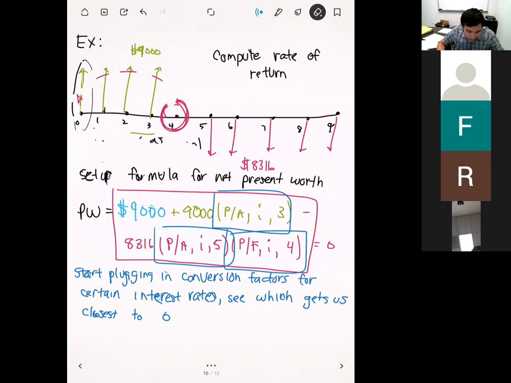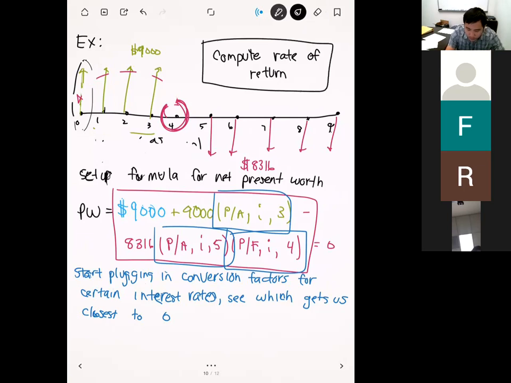What we want to do in this problem is compute the rate of return. This one's a little more complicated than the simpler examples we did before, and the whole point of this example was to show you methods you can use to compute rate of return when it's not so simple. The way I usually like to do these problems is to compute the net present worth of all the cash flows.